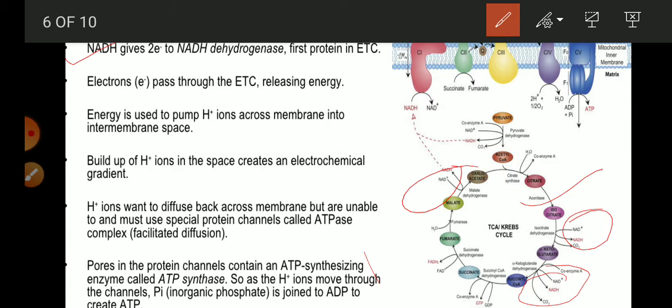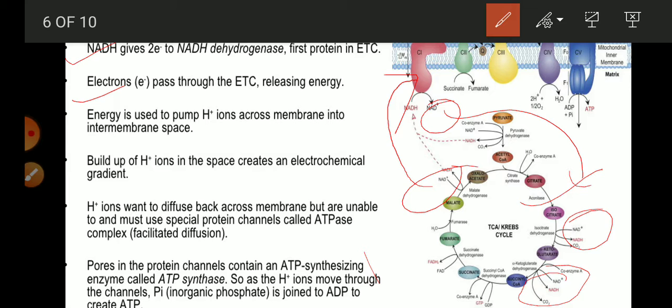This NADH gives electrons to the first complex, donating electrons as well as protons, and so it is oxidized into NAD. Then this NAD moves back to the Krebs cycle to carry the next electrons and protons.